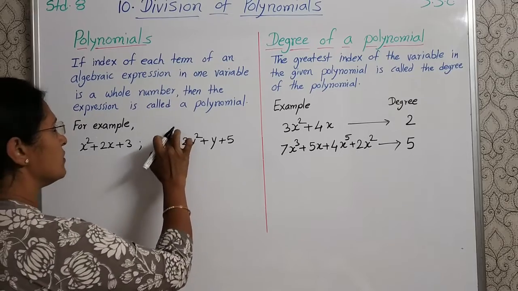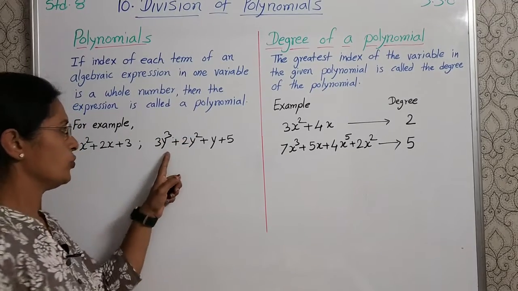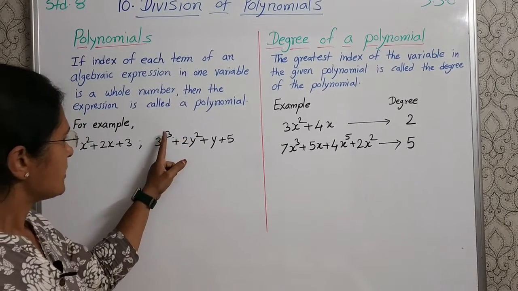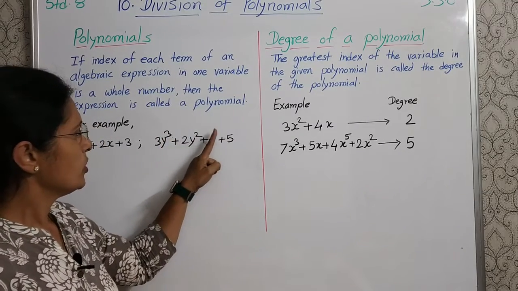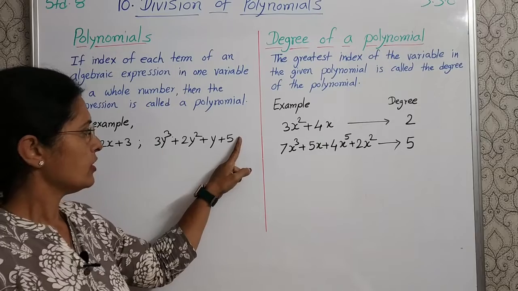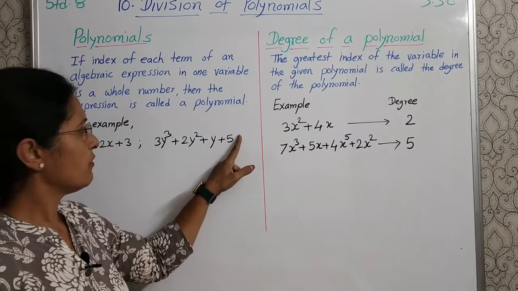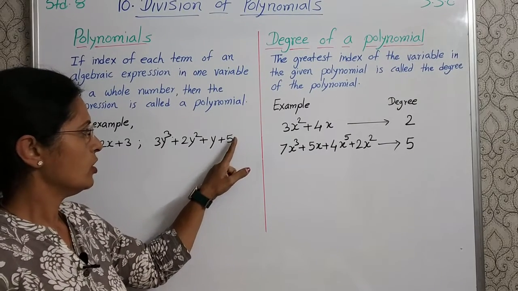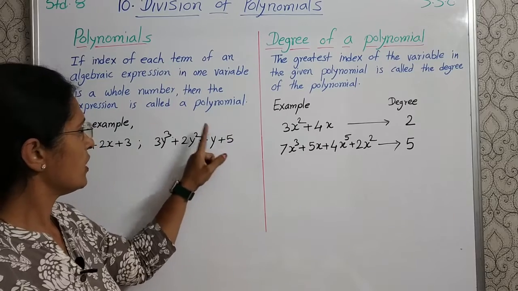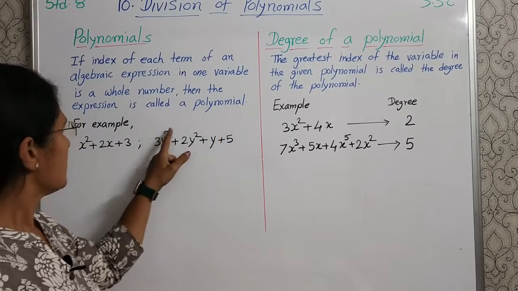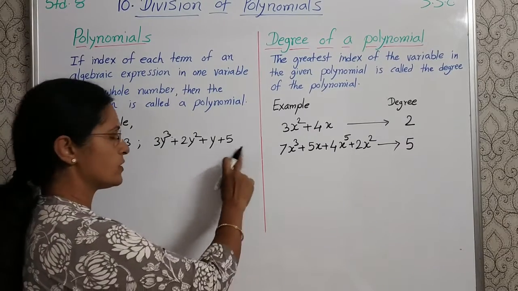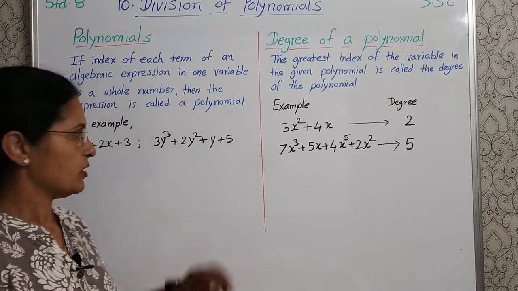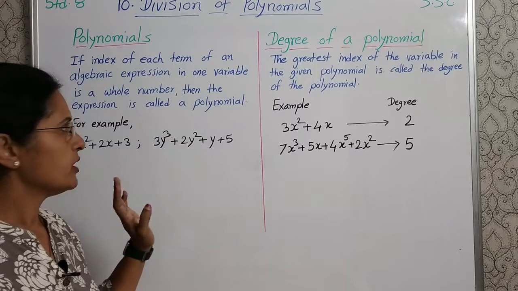Here it is 3y cube, so the index is 3 for this variable y. Here the index is 2, here index is 1. Here if you take the variable y, then the index will be 0, y raised to 0. So 0, 1, 2, 3, these are all whole numbers, and therefore this algebraic expression is a polynomial. So this is about polynomials.